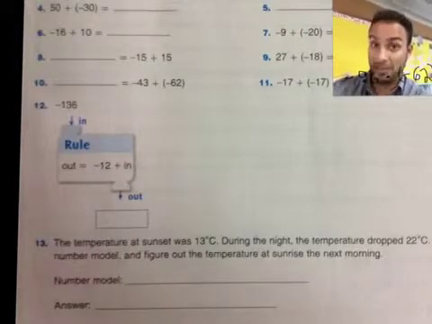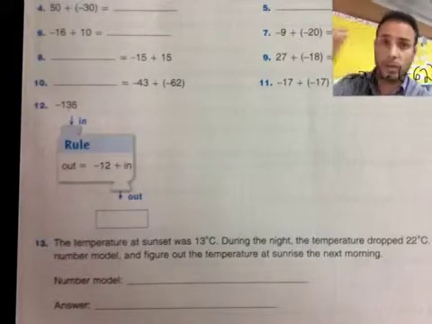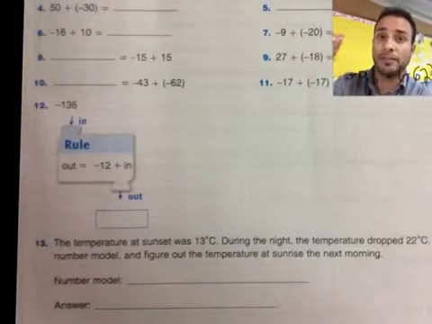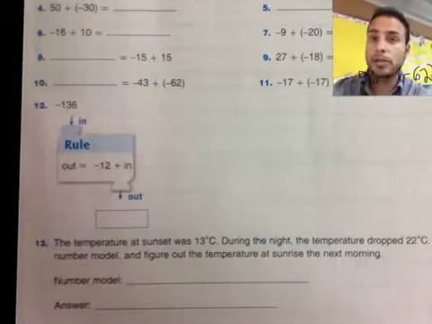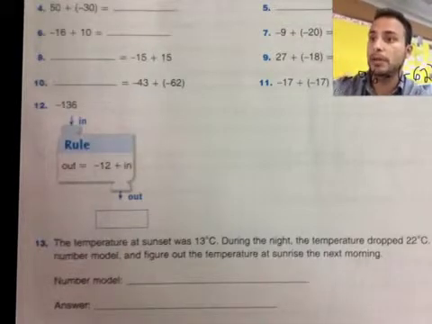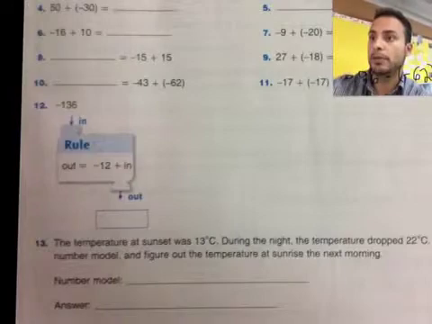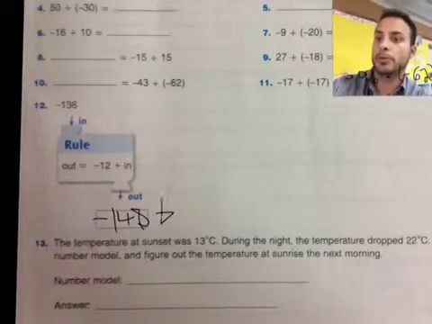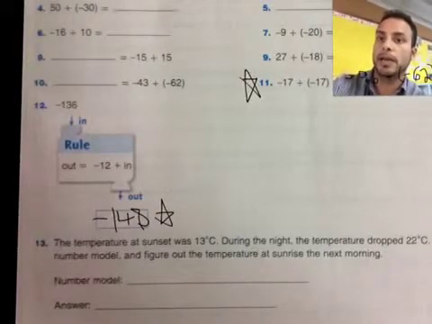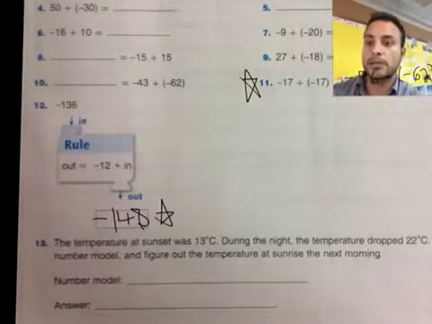You have 12 of those negative counters, and you have 136 of those counters. What is going to be your answer? Well, you just add them together, and you have your negative 148. And there you go, boys and girls. This is a key answer, and number 11 is a key answer.